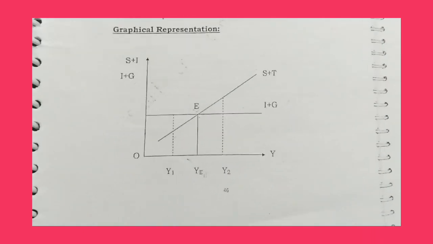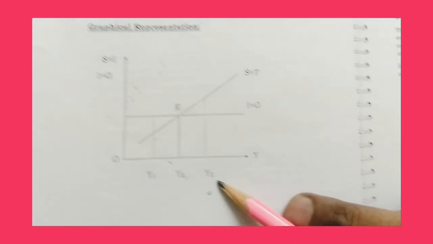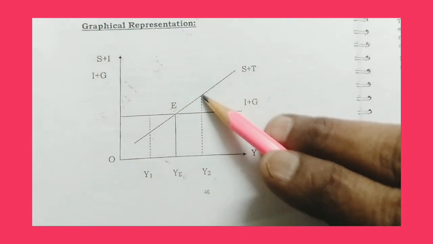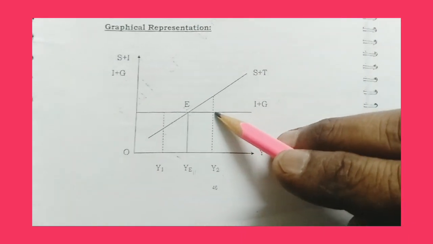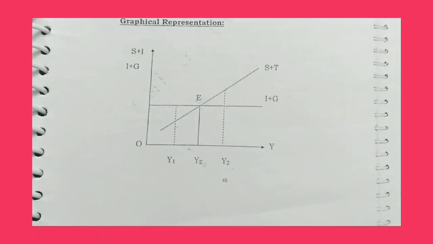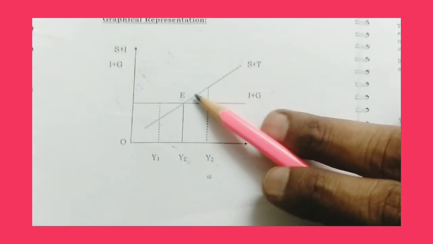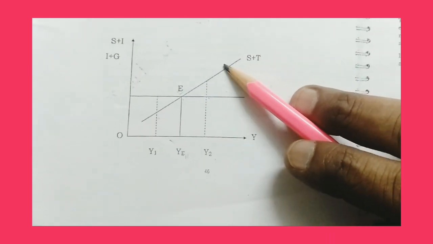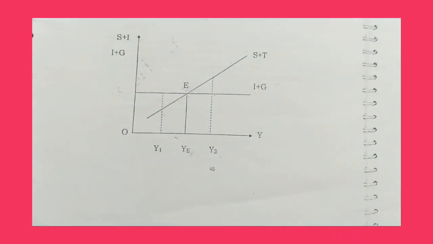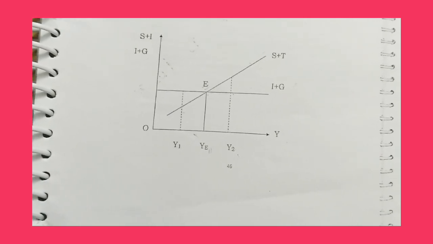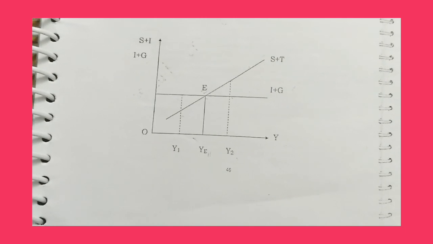On the other hand, at the level of income Y2, look here, S plus T is greater than I plus G. This implies an excess aggregate supply. A part of the total output remains unsold, resulting in an unintended inventory accumulation.